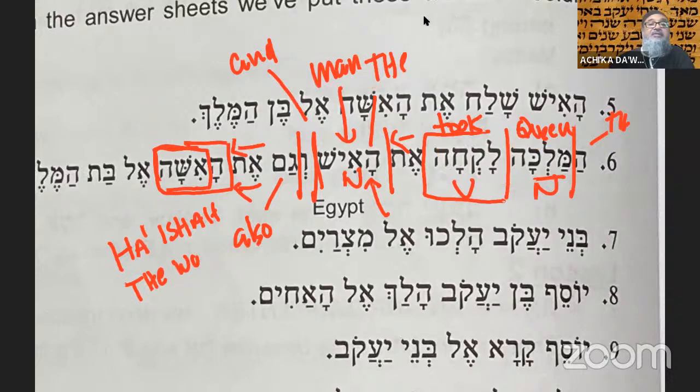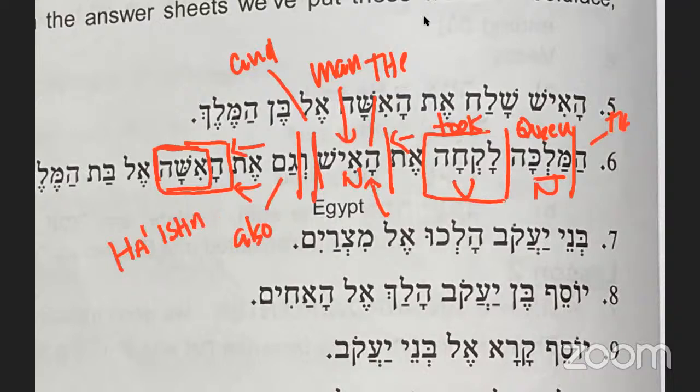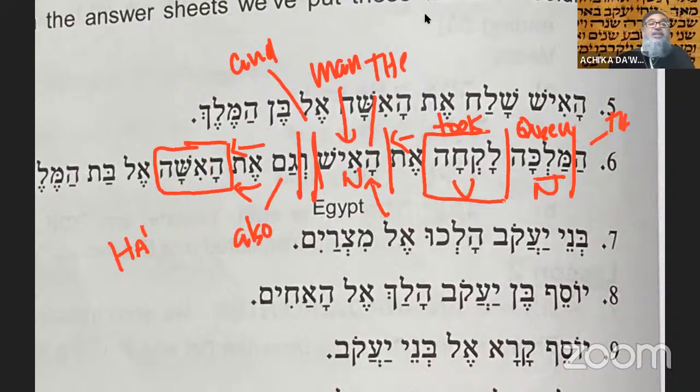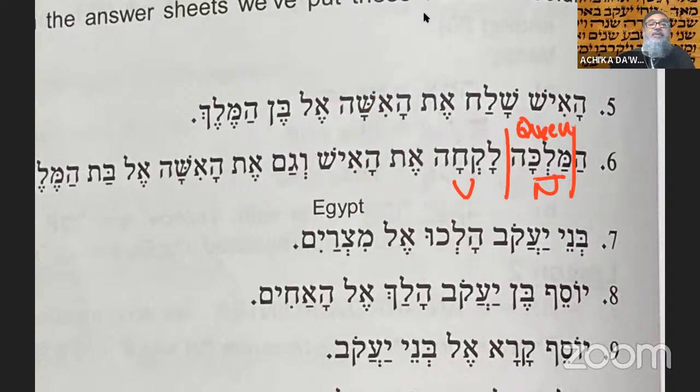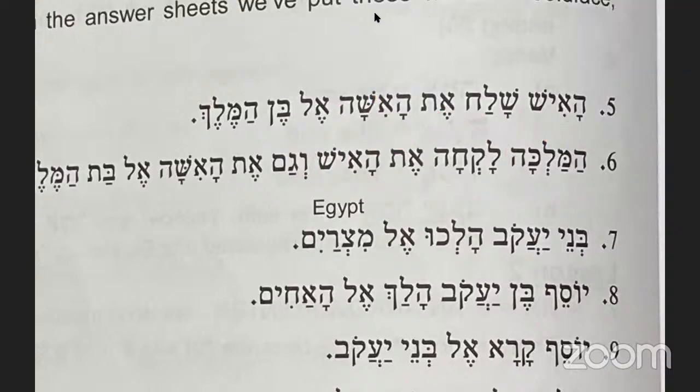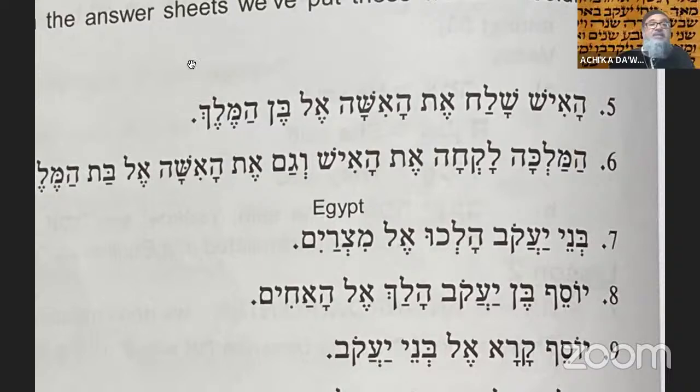What's a bath? Daughter. She took to the daughter, and the daughter is next to what? I got to move it over a little bit so you can see it. To the king. Look at this.